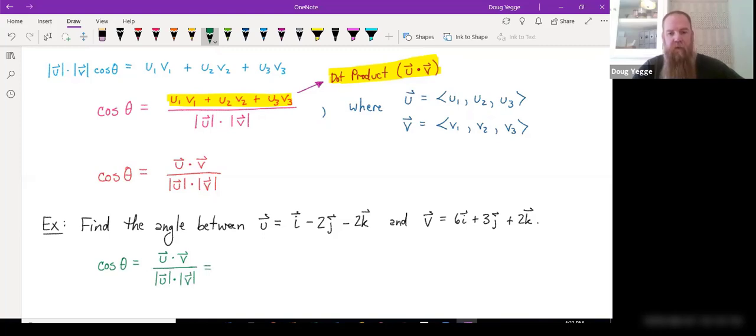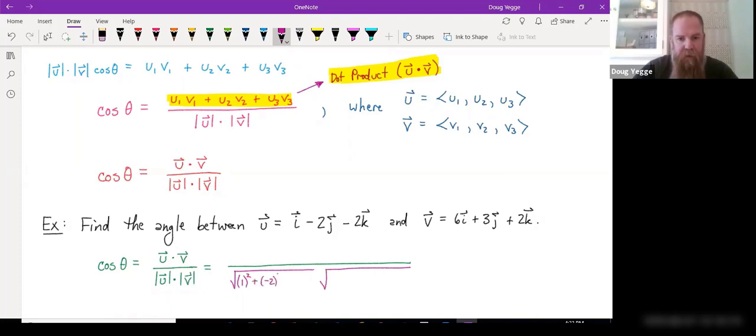I'm going to start with the denominator because that's relatively simple. I know that the magnitude of a vector is just the square root of some quantity. So I know that I'm going to be multiplying the square roots of two different quantities, the magnitude of U and the magnitude of V. I know that the magnitude of U is just 1 squared plus -2 squared plus another -2 squared.